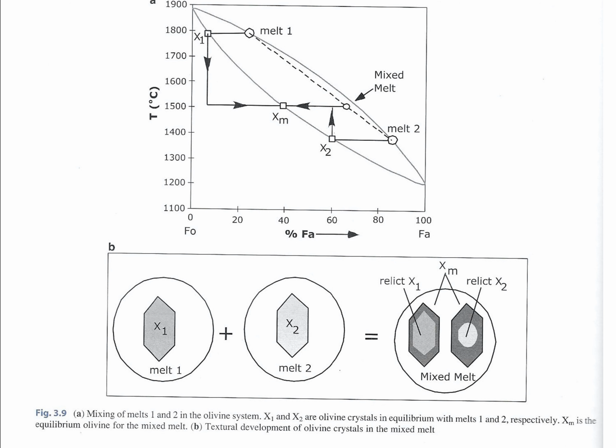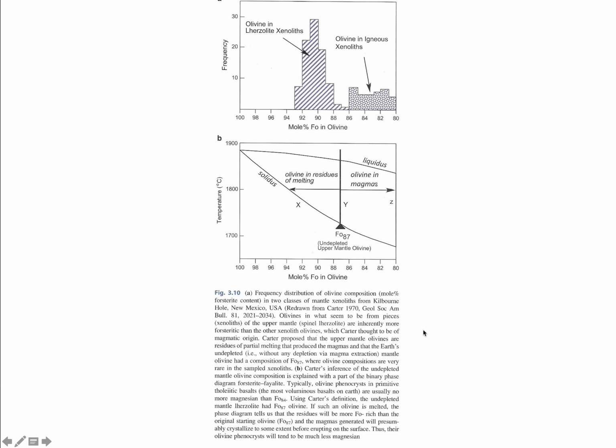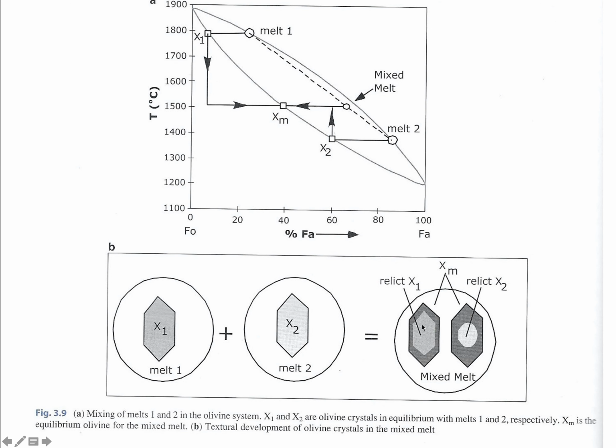On the left-hand side of this diagram we have a relic of the crystal X1 in the composition of the mixed melt. Then we have a higher XMg inside the olivine crystal. And here we have a relic of X2 in the mixed melt, and then the rim of our new crystal, consisting of the mixed melt composition, has a higher XMg.